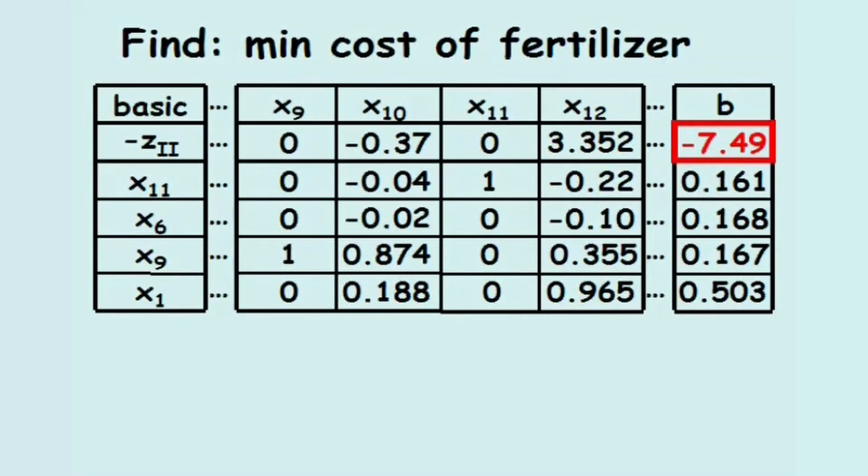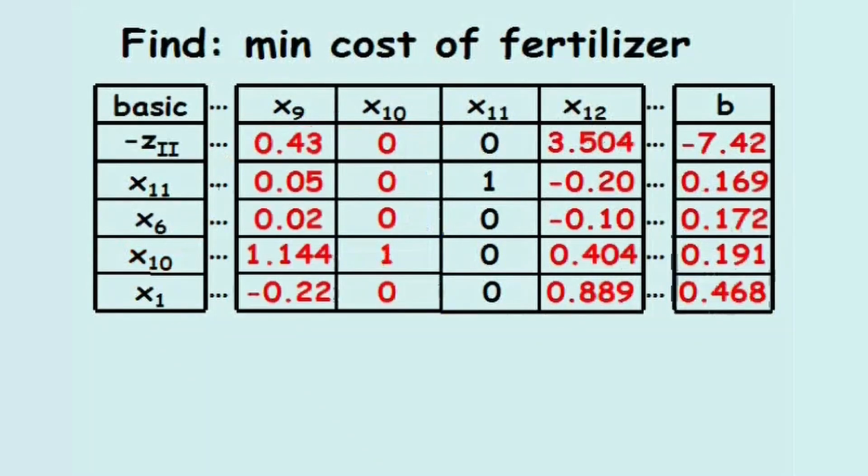Next, variable x10, which represents sulfate of potash, will enter the basis for variable x9, which represents muriate of potash. After pivoting about x10, the tableau is again in canonical form.